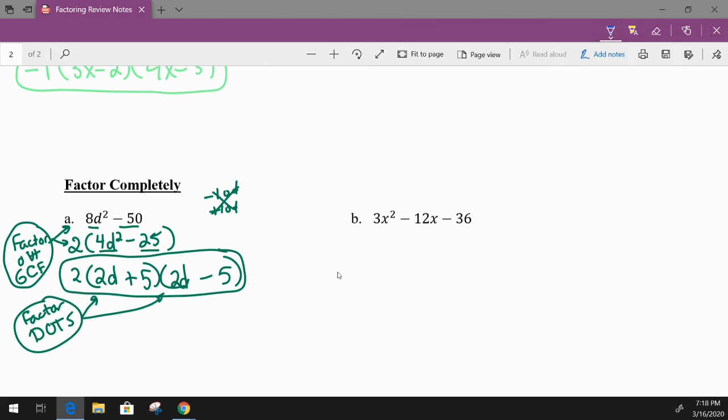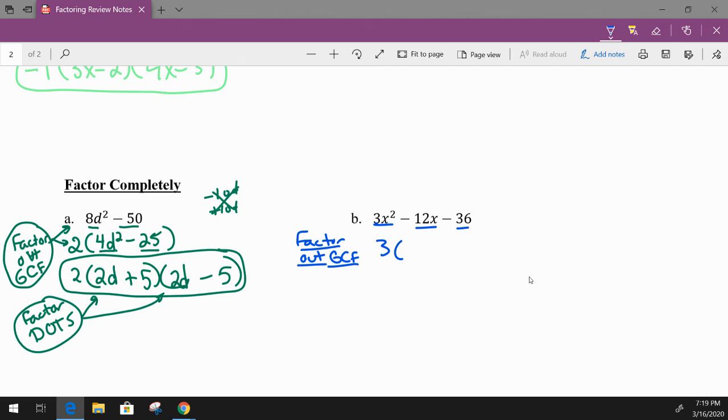All right, so now going on to the next one. Again, we're going to factor out a GCF. The greatest common factor in these 3 terms would be 3.